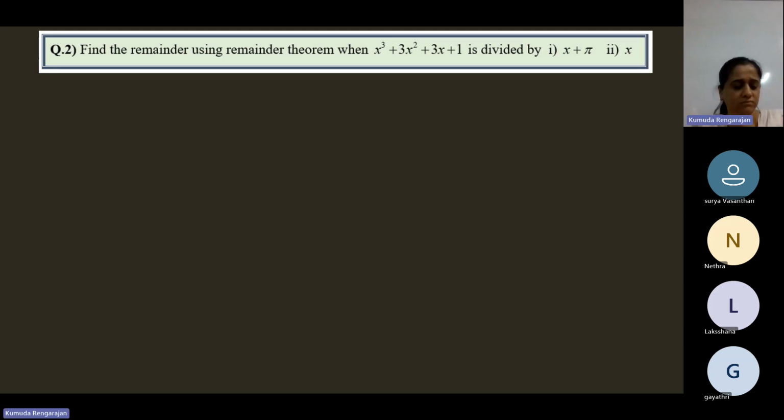Don't substitute 3.14 or whatever value for pi.